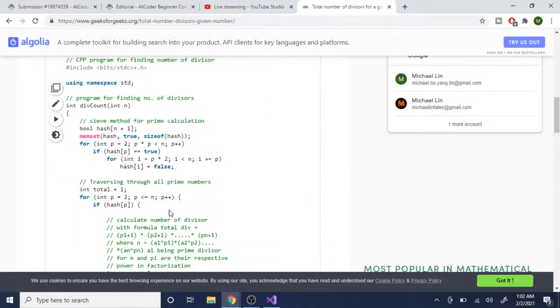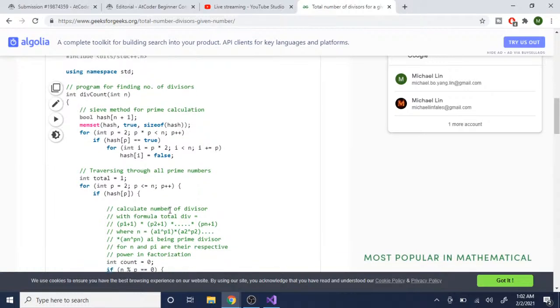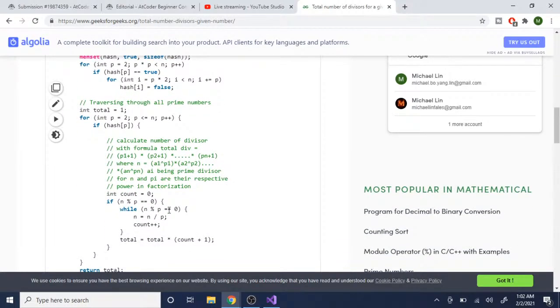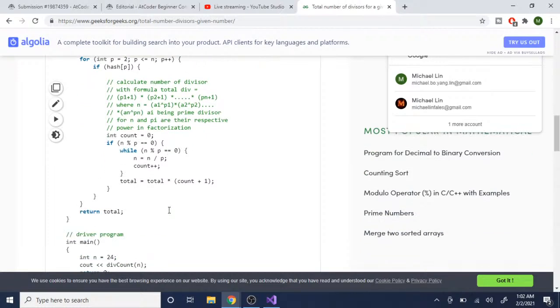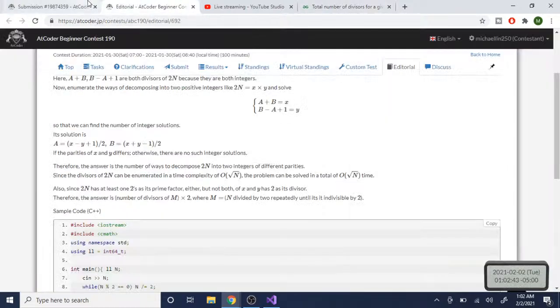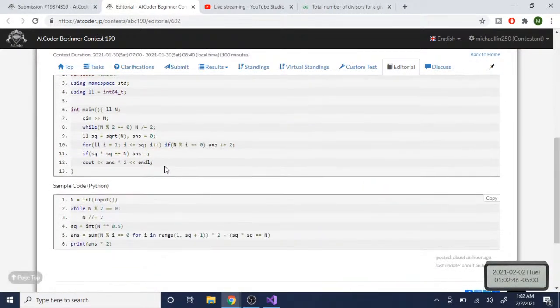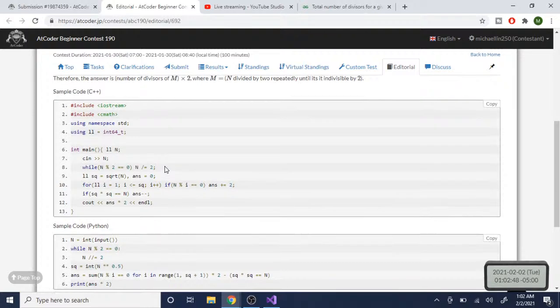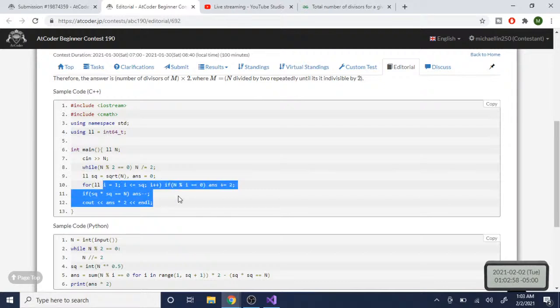Okay, so I have the sieve. Traverse through all prime numbers. If it equals 0, why do you divisors plus plus? Oh boy. Is that what they were doing here? I don't understand. How is this calculating the number of divisors?